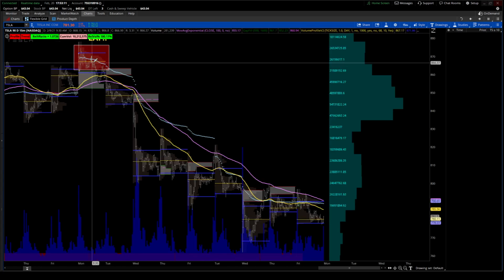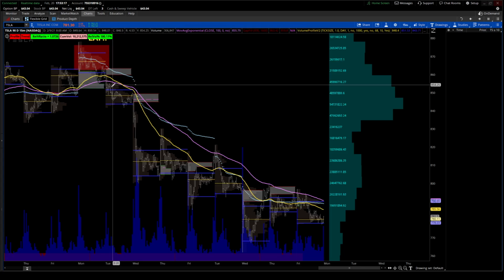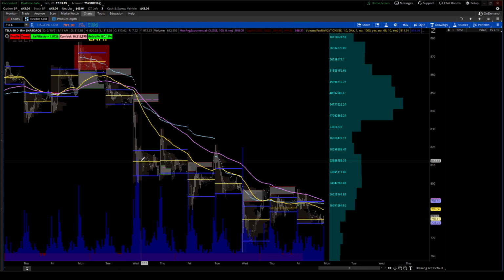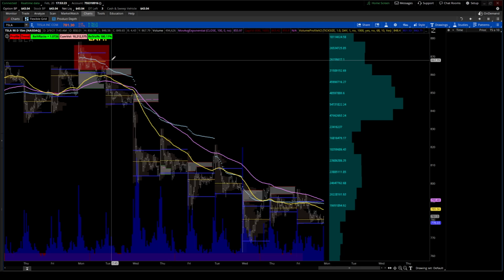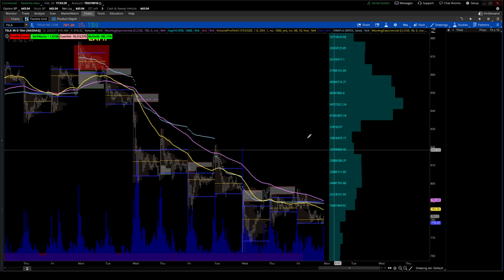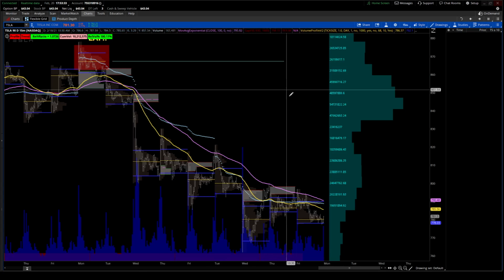Maybe if you feel that this point of control over here being 867 is a naked point of control, price hasn't touched it and has actually gapped down hard and then failed here at this 50, you expect this zone right here. Let me just mark this with the trend line. You expect this zone to be serving as strong resistance.